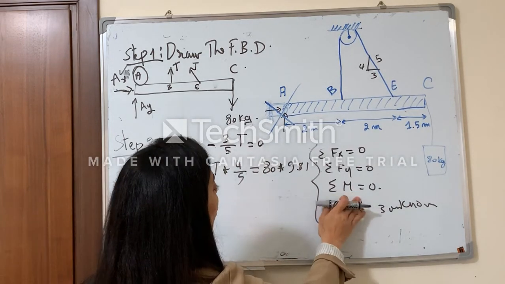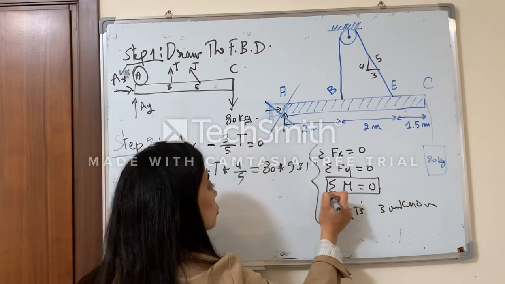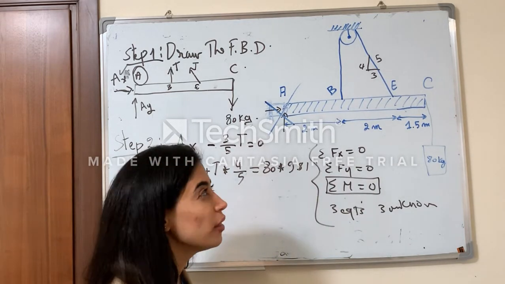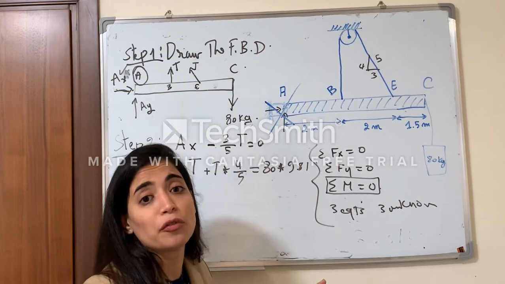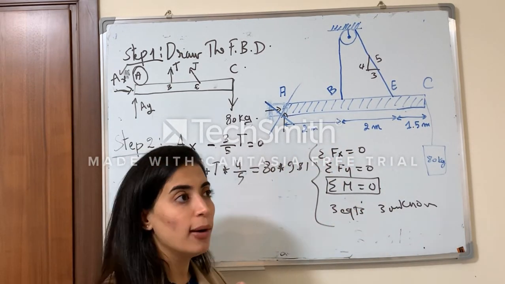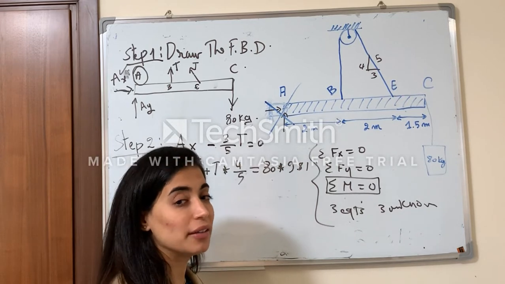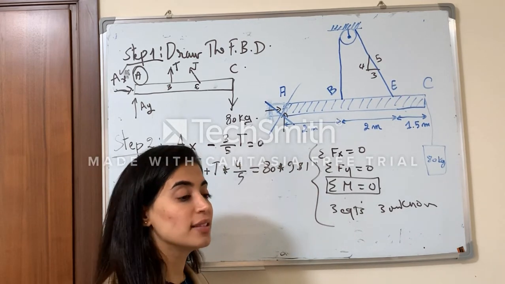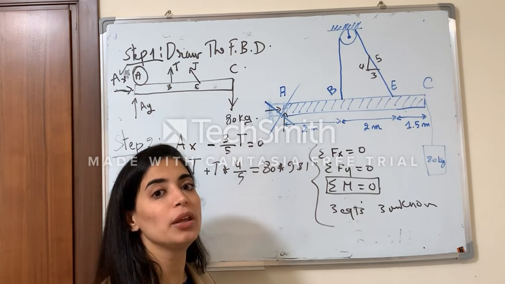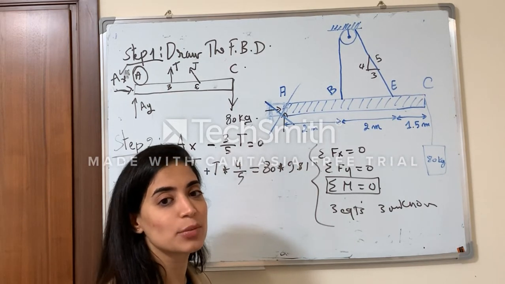So guys, this equation also could not be solved right now because it has two unknowns, Ay and T. Now guys, what about the third equation, which is the sum of moments? What do you think? I can find the sum of moments at any point on this beam and it should be equal to 0. However guys, I can find a point where the sum of moments equation can give me the first unknown. What is this point?